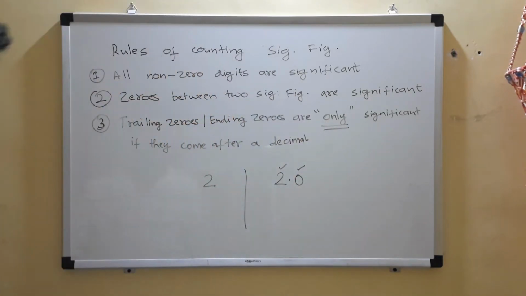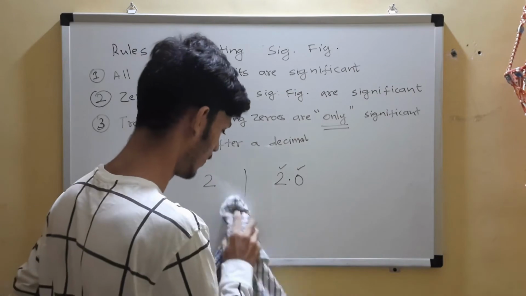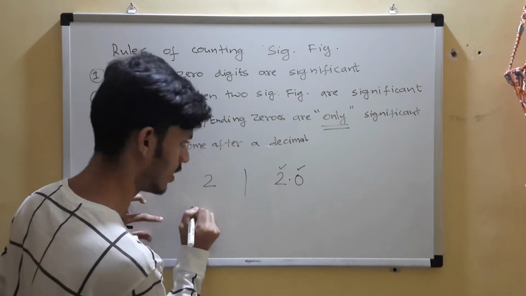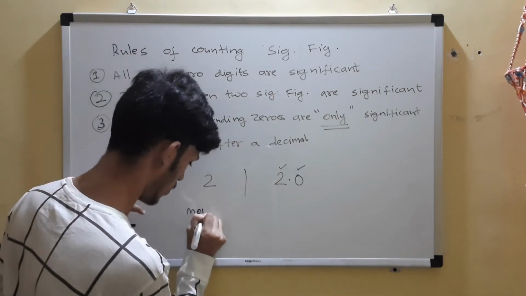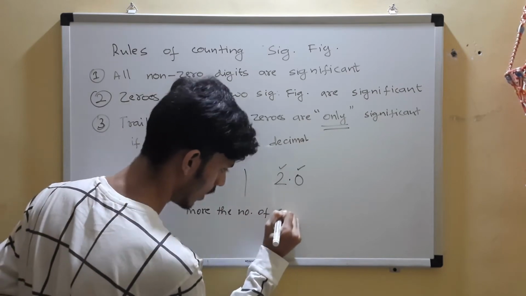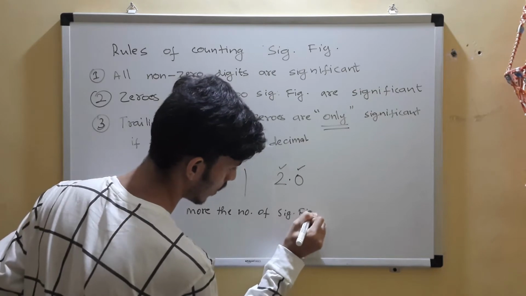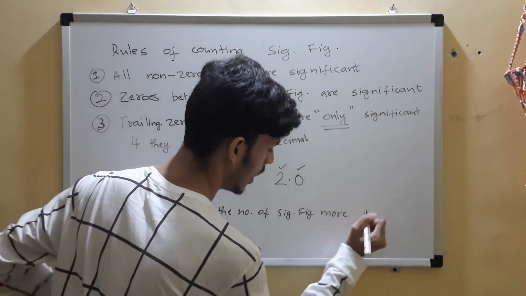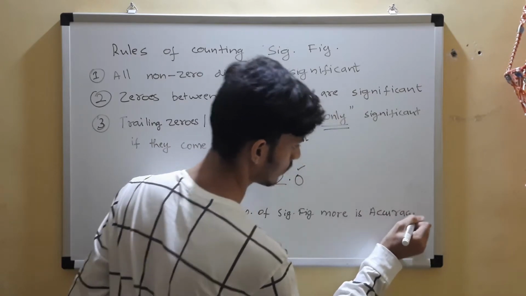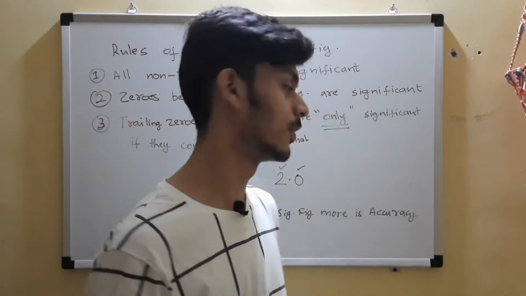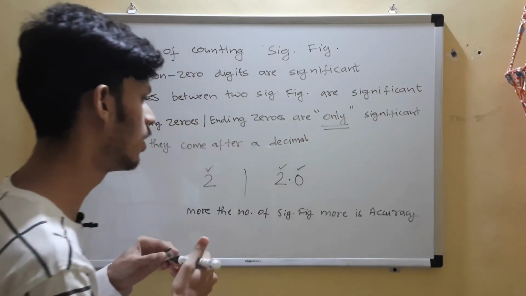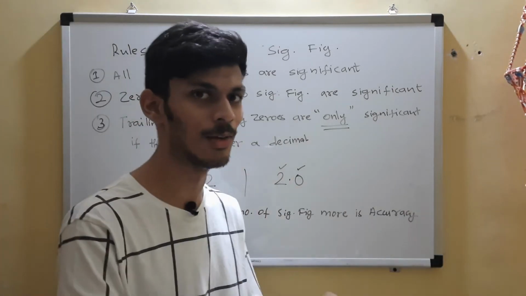Now, you can look at this in the opposite way as well. I'll make a statement here, and you say if it's true or not. The more the number of significant figures, the more is the accuracy. Am I right to say this? Think about it. Yes, this number 2.0 has more significant figures, so it's obviously more accurate, right?